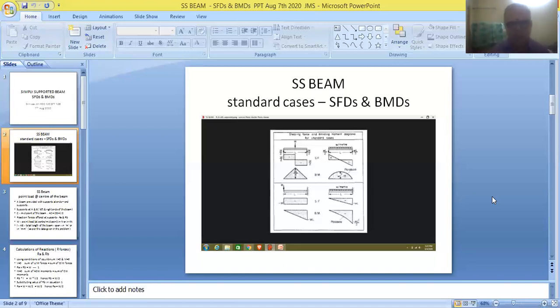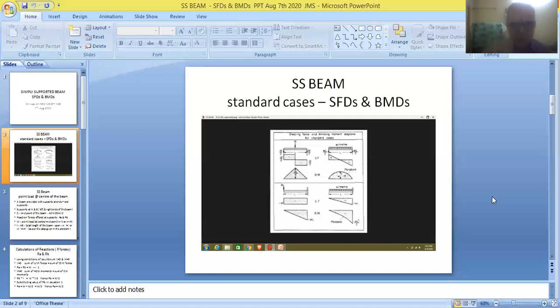So friends, before starting a problem on a simply supported beam, we have to measure the values of RA and RB. They are referred to as reaction forces.